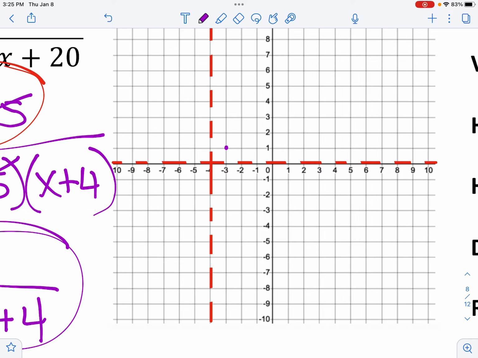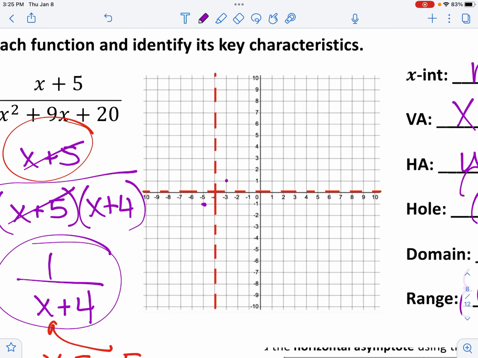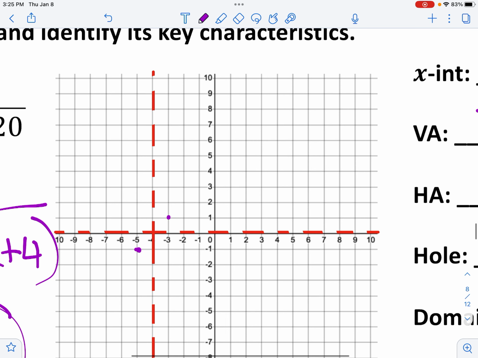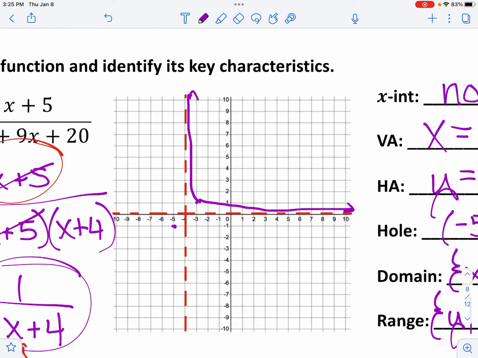That's kind of good. Now you also have this here, but there's a hole at that spot. So I'm going to sketch it and then we'll put the hole in there. This just kind of goes close to here, travels close to the asymptote, doesn't actually reach it.